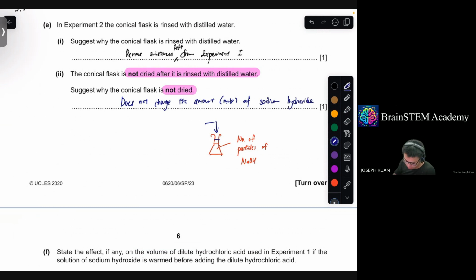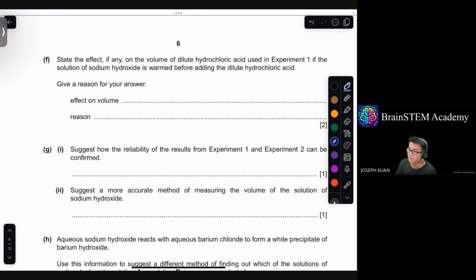All right, moving on to F. State the effect, if any, on the volume of dilute hydrochloric acid used in experiment 1 if the solution of sodium hydroxide is warmed before adding the dilute hydrochloric acid. Give a reason for your answer. Well, heating, as before, does not change the number of moles in the conical flask.